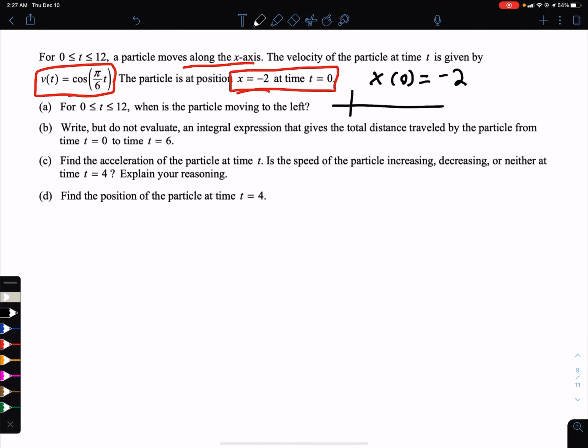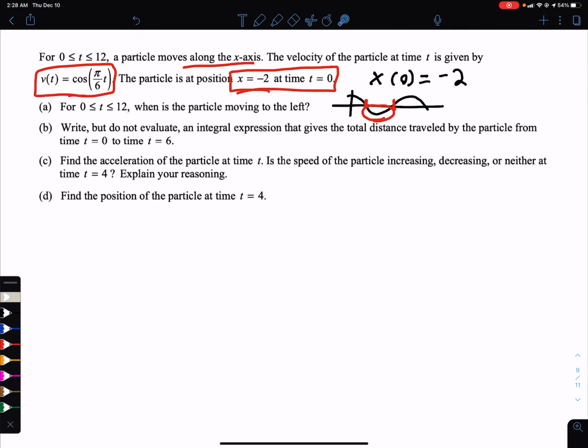So it's going to be a cosine, which is going to look something like this. It's going to wind on down, right? So you want to know when it's moving to the left. We're going to look for when the velocity is negative. That's when it's moving to the left. So you find that time and that time on your calculator, and you got when it's moving to the left. So that's what you can do for part A. But that's not the part I really want. I want B.